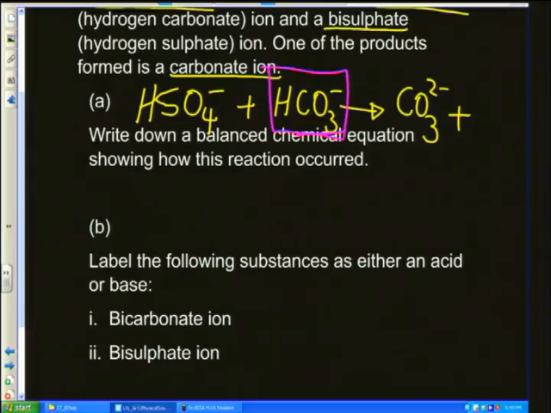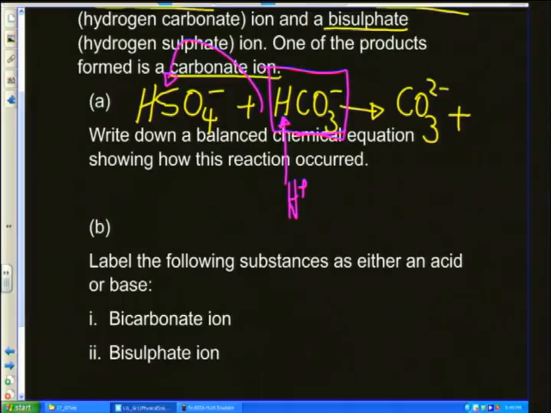So this substance here has actually lost a proton. This is called a proton. This is the H plus ion. It has been lost. Where did it go? It must have come to the bisulfate ion.